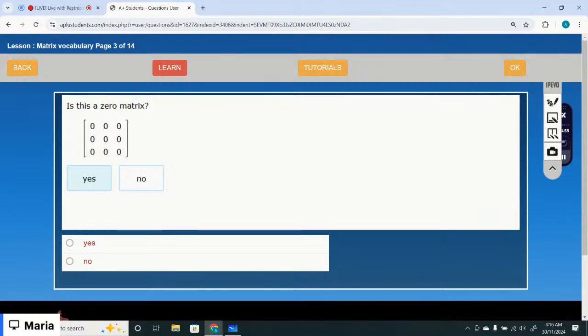Is this a zero matrix? Which is the correct option? Yes, it is a zero matrix because all the elements of the matrix are zero. So yes, that is a zero matrix.